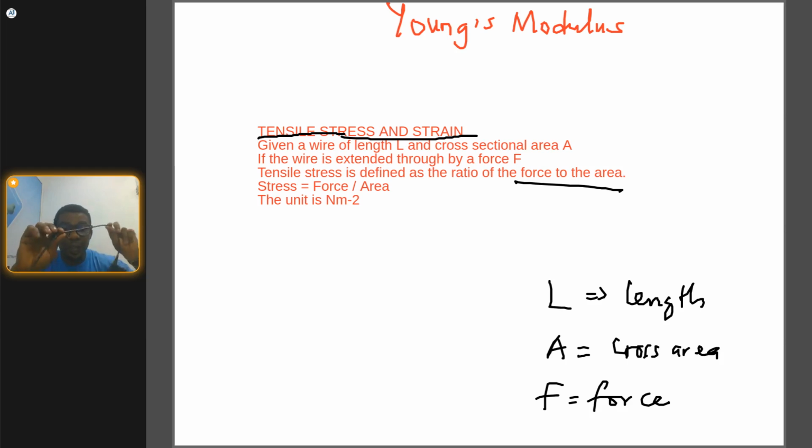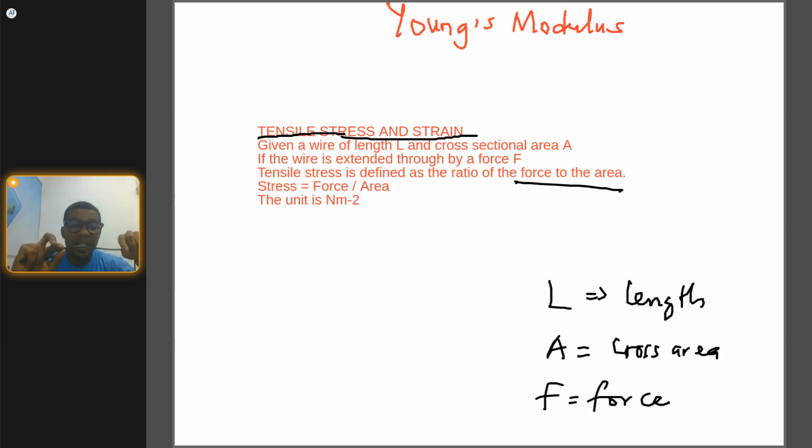Now, when you look at the shape of a wire, it's kind of circular, right? And that is where we have the cross-sectional area. The length has to do with how long the wire is, then how it gets extended after applying force. Now, the cross-sectional area has to do with what? The shape of the wire.